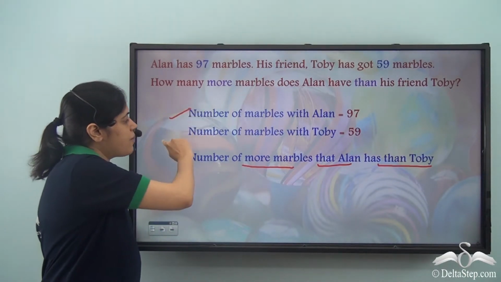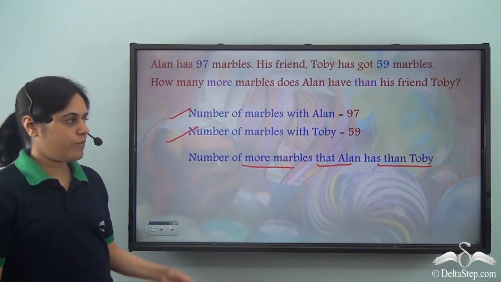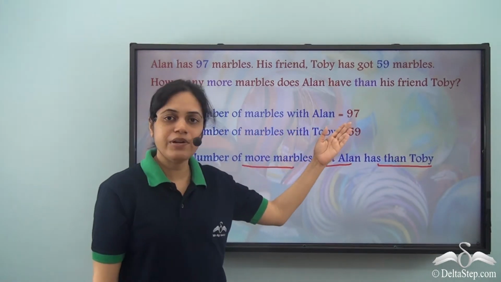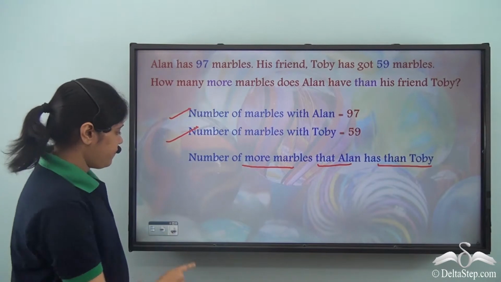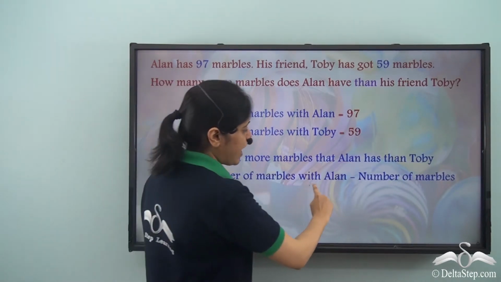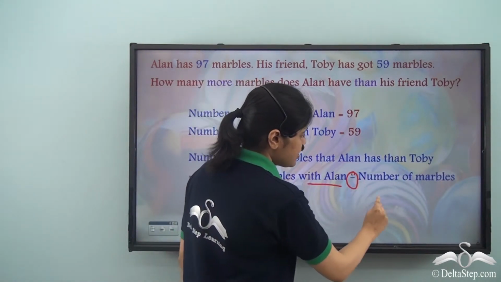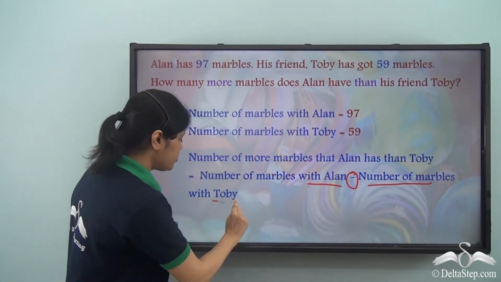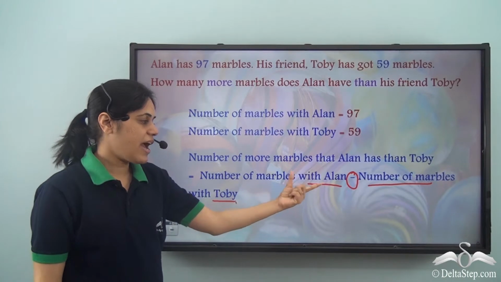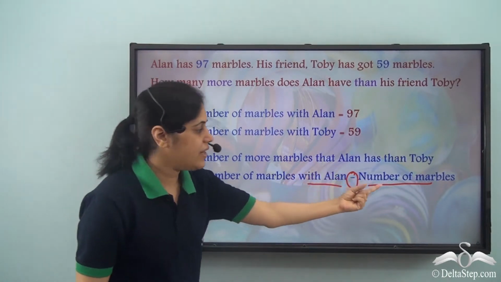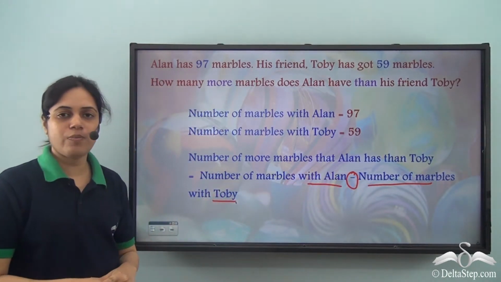So this minus this. Because Alan has more marbles, I write this number first. So number of marbles with Alan minus number of marbles with Toby.